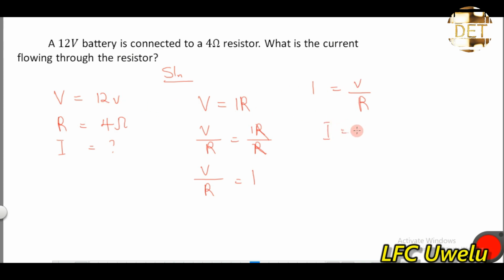So my I is equal to 12 over 4. 12 divided by 4 will be equal to 3. So my I will be equal to 3 ampere. This is my answer.